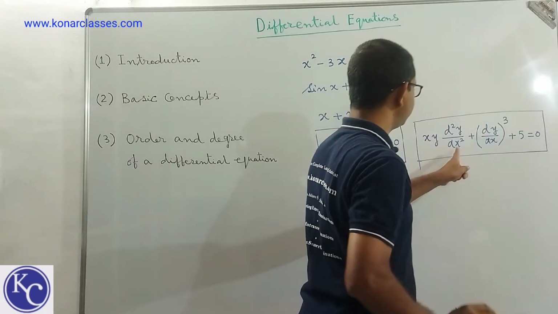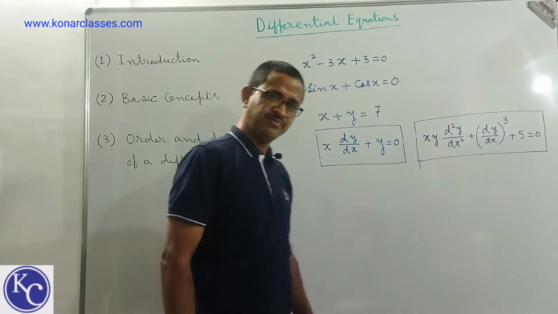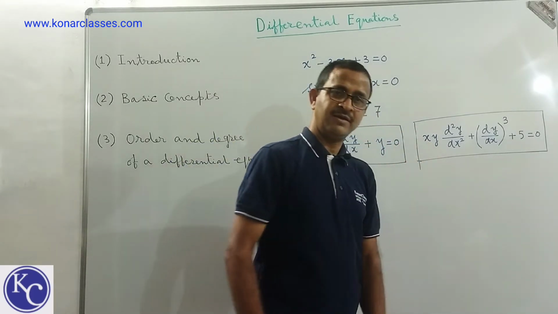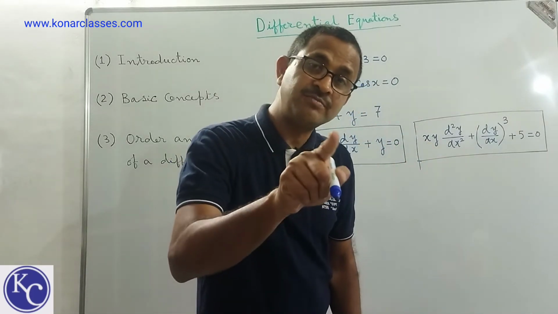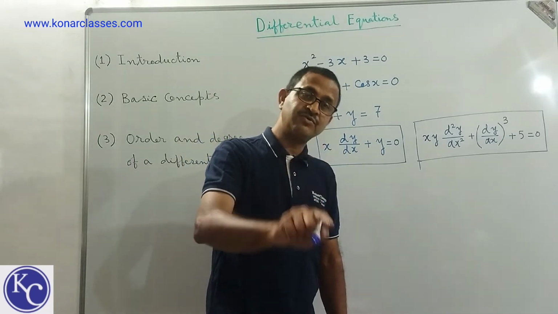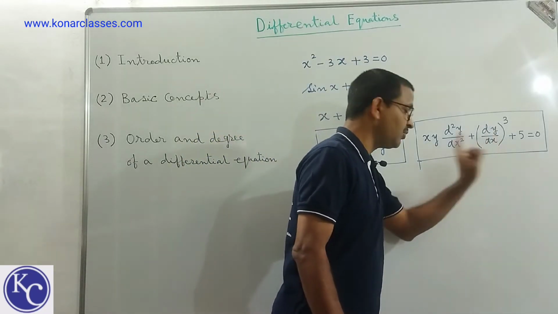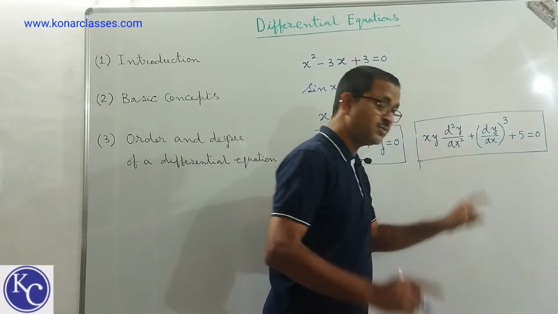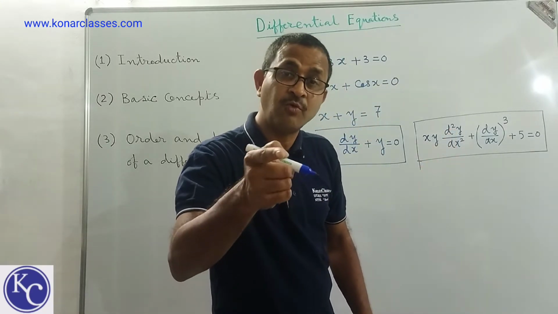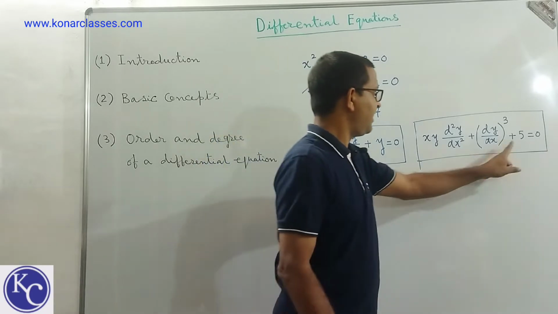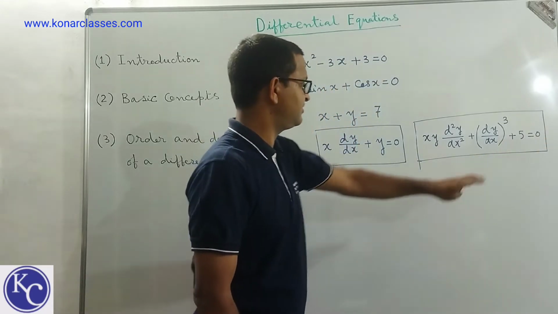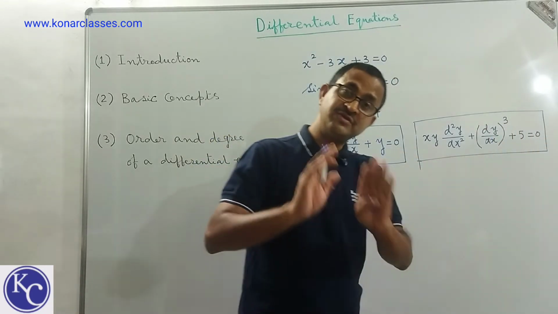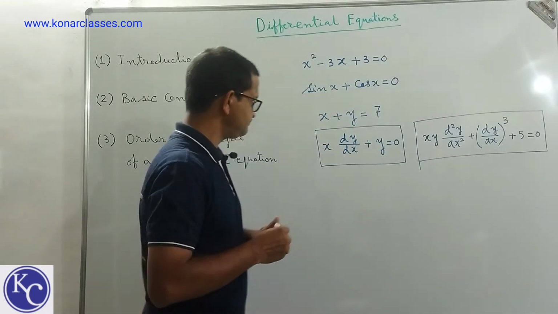Because it contains an independent variable x, the dependent variable y, and the differentiation of the dependent variable with respect to the independent variable. For example, here dy/dx, first order differentiation. Here it is d2y/dx2, second order differentiation of y with respect to x, and other terms are there. Here in this case a constant term.